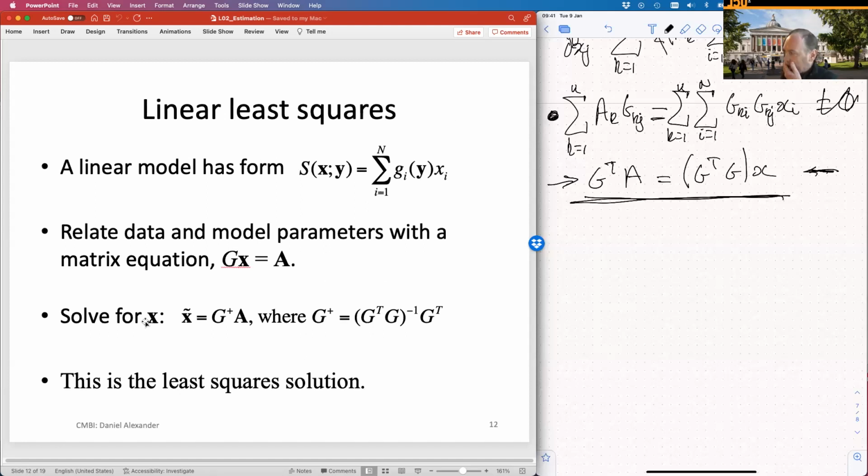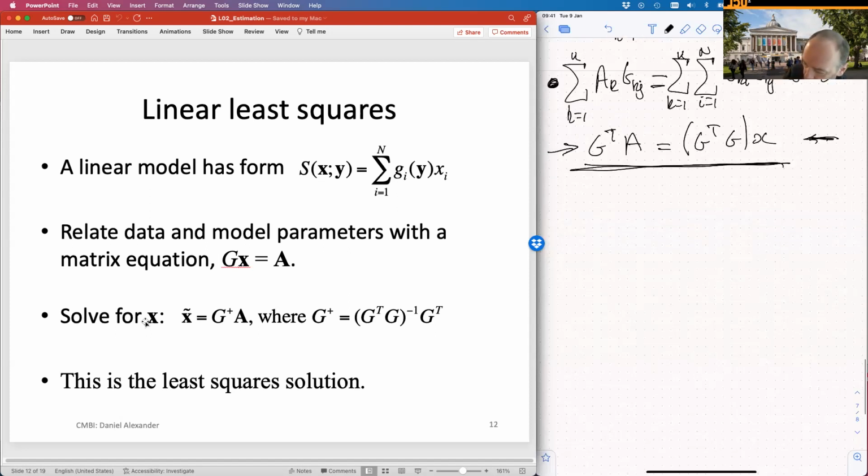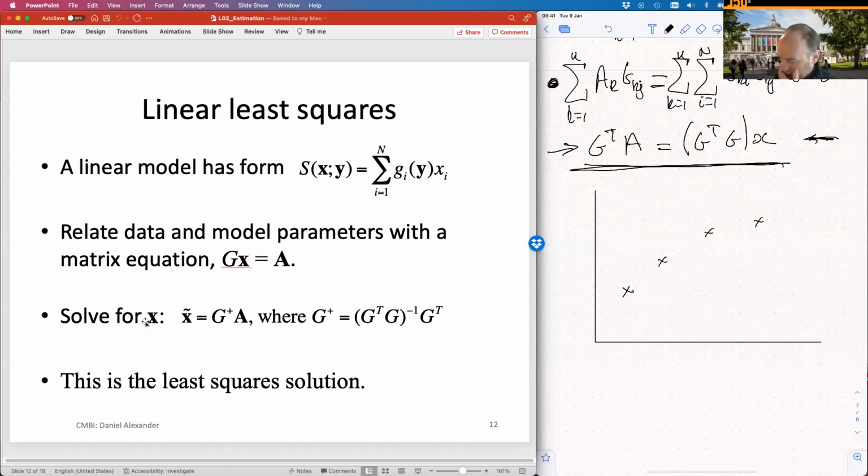Let me just go back to this slide second, and just to make this concrete, let's go through again our favorite simple example of the child's height measurements, and just construct this design matrix for some simple models for these data to see how this works. So once again, let me draw my 4 height measurements here. Our model, of course, will stick with the simple line model that we were using before.